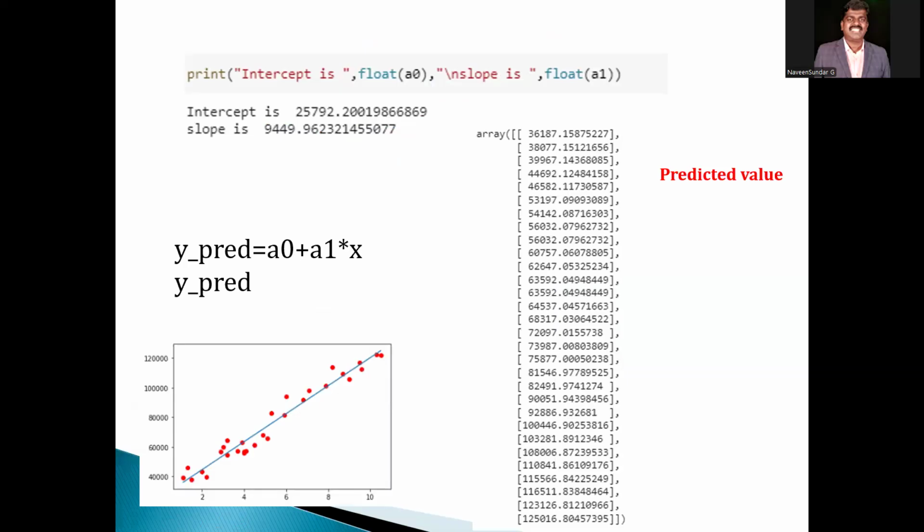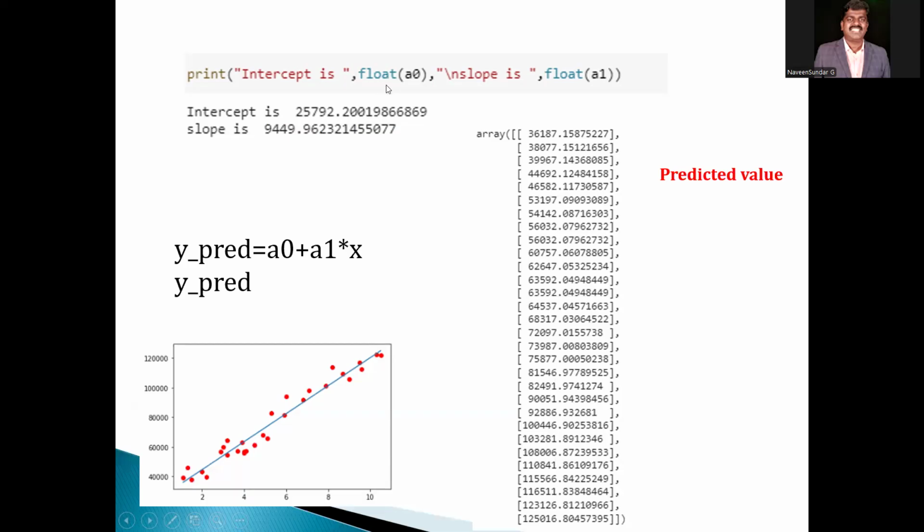Now we can say that this is the predicted value, and all these data points we can call the actual value. That is how we differentiate the predicted and the actual value, right? So how can we print the intercept?